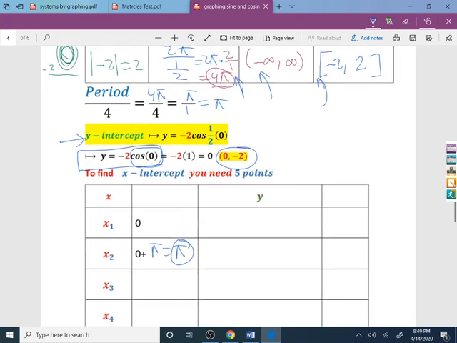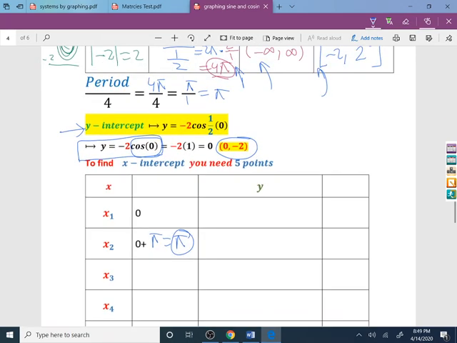Pi cosine. Then here, you remember this period over 4. Remember this, we end up with pi. You have to add pi all the time to each value.